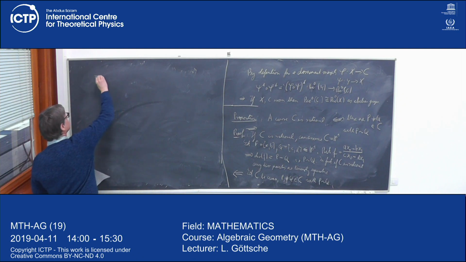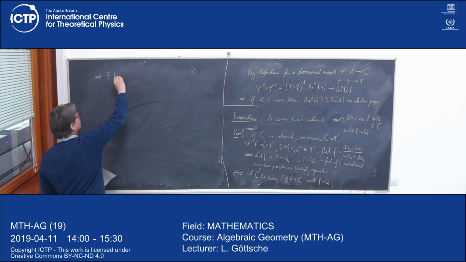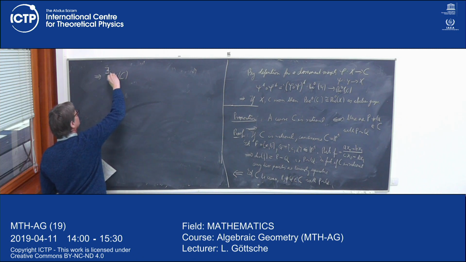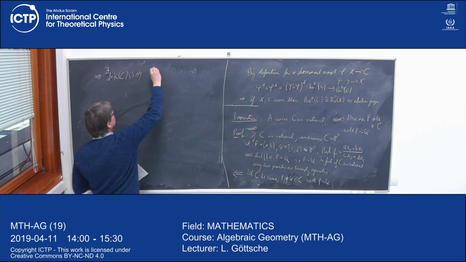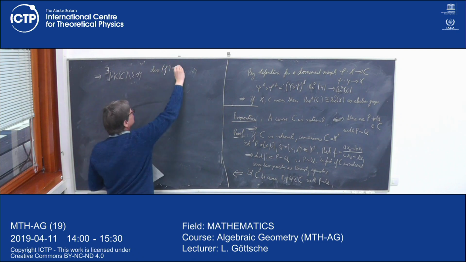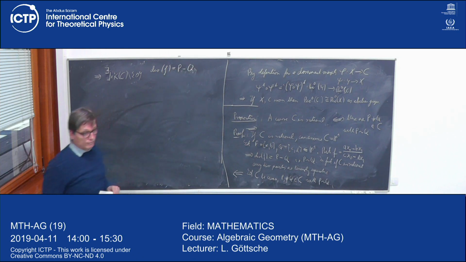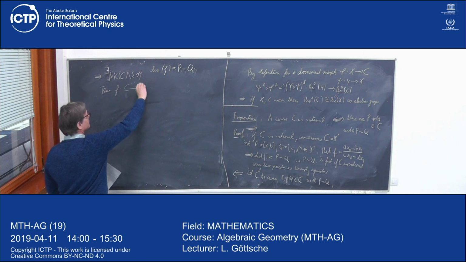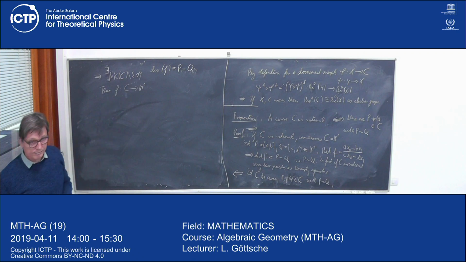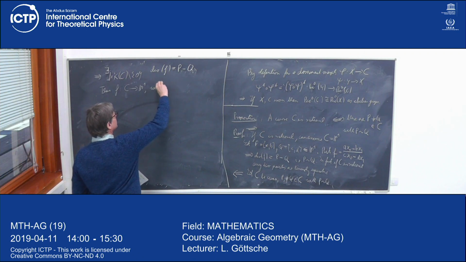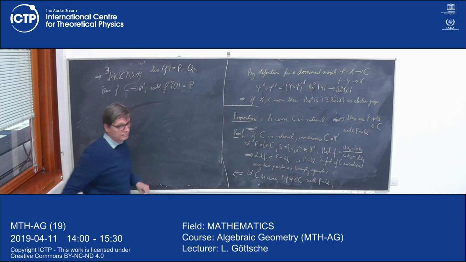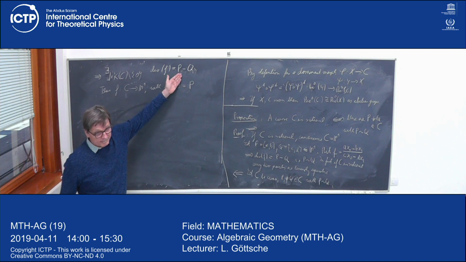This means there exists a rational function f in K(C) such that the divisor of f is equal to P minus Q. Thus f gives me a morphism from C to P1, in the same way as before, with, for instance, the preimage of 0 equal to P with multiplicity 1, because that's what it says here.